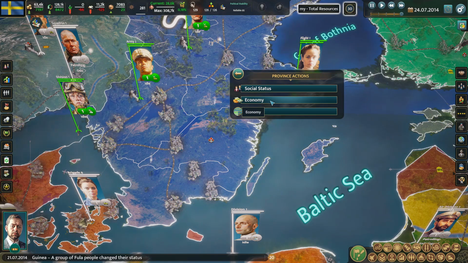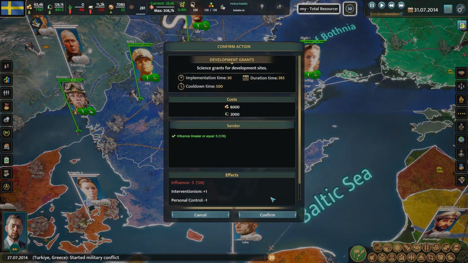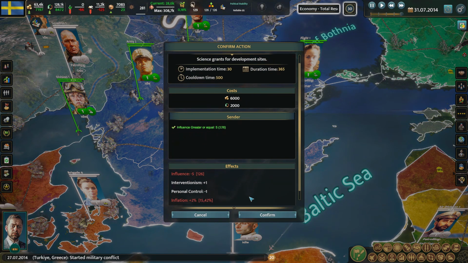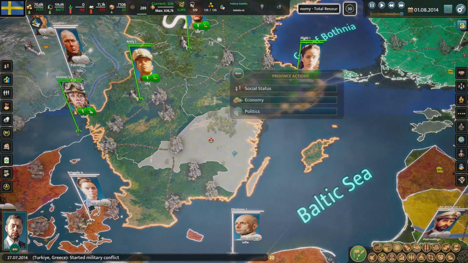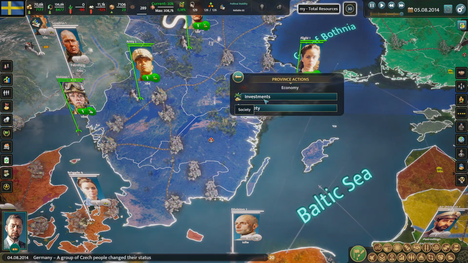Another tool that you can use to control economy are the province actions. You can choose any of the investments. Some of these are actually beneficial to the country as a whole, to things like the general environmental health.